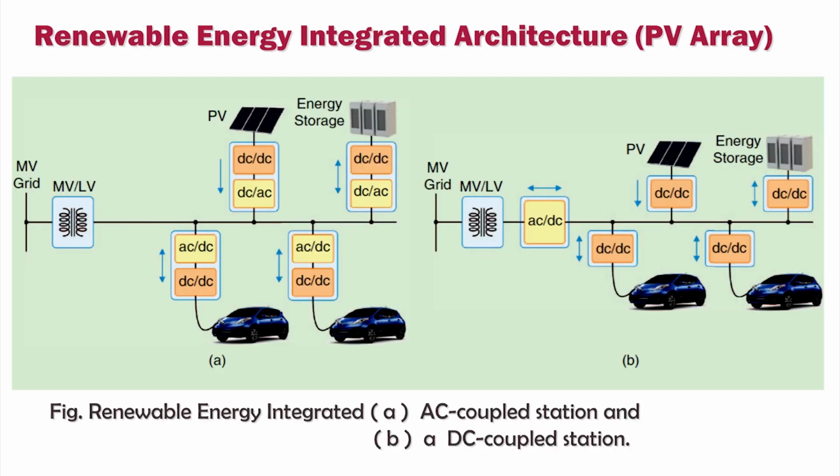So, this is the renewable energy integrated charging station, where you can see the PV array at the AC bus, coupled through a DC-DC stage and then a DC to AC stage, so that the power can be provided to the onboard vehicles.